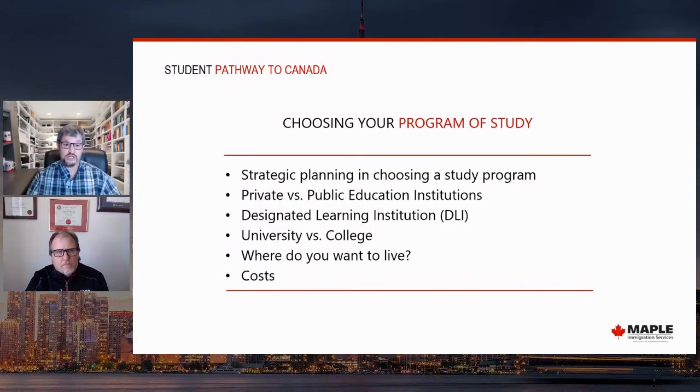University versus college. Now, there's definitely a difference in terms of the cost factor and also the time factor. Most university programs outside of masters and things like that, but say an undergrad, are going to be minimum 3 years, okay? Education for an international student is more expensive than for a local Canadian. So you also might want to plan this.